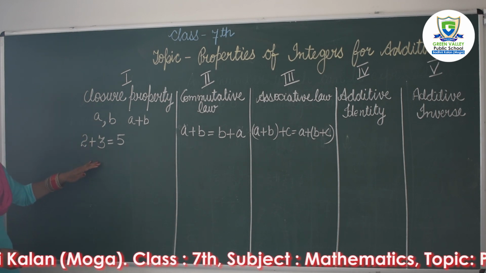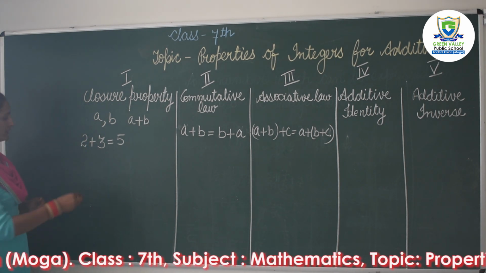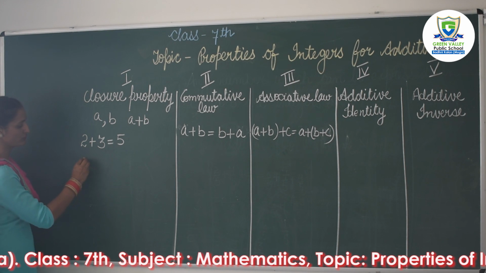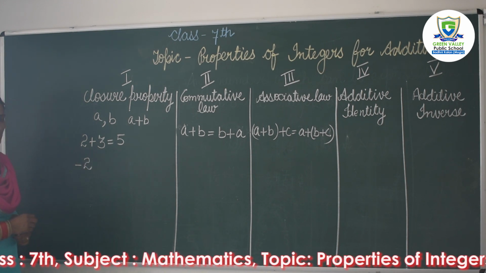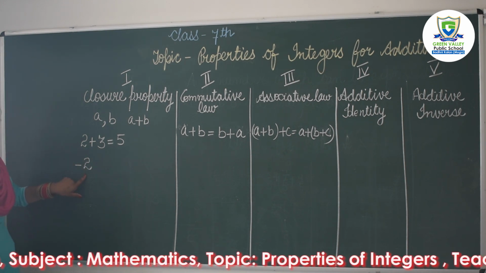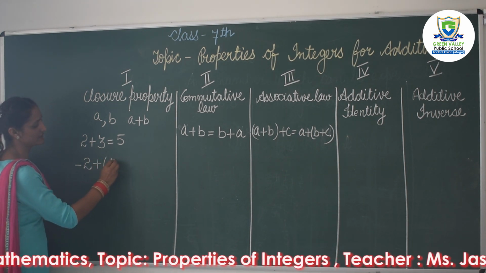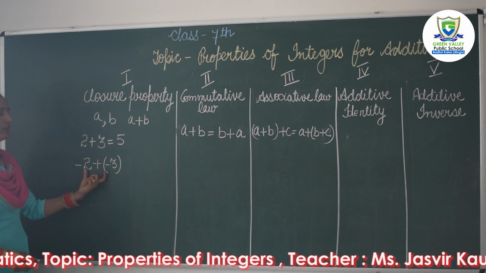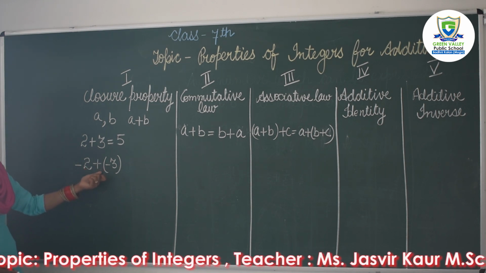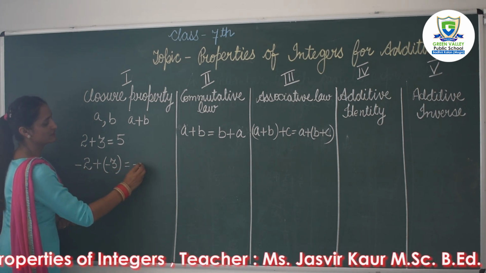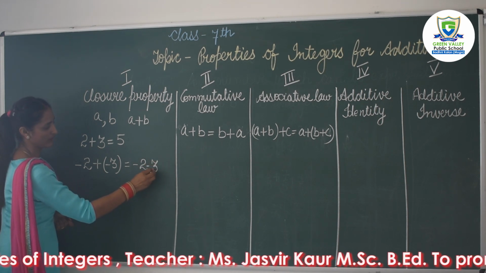You can take one example with negative integers also. Suppose we have one integer -2 and we have another integer -3. If we add these two, first of all we have to merge the signs. So it becomes -2 -3.